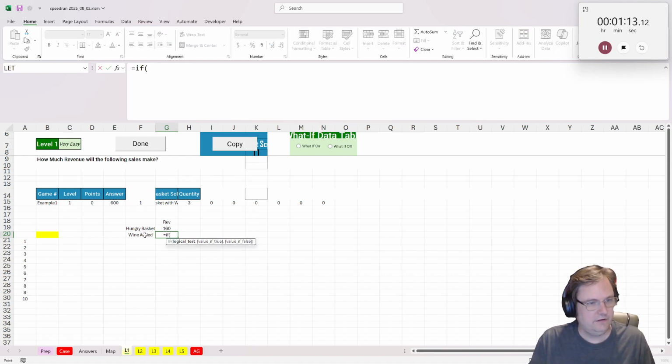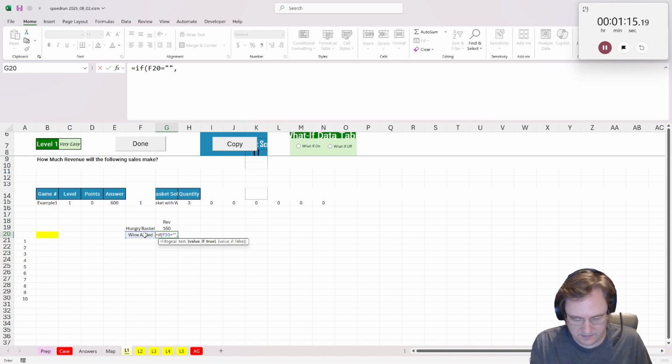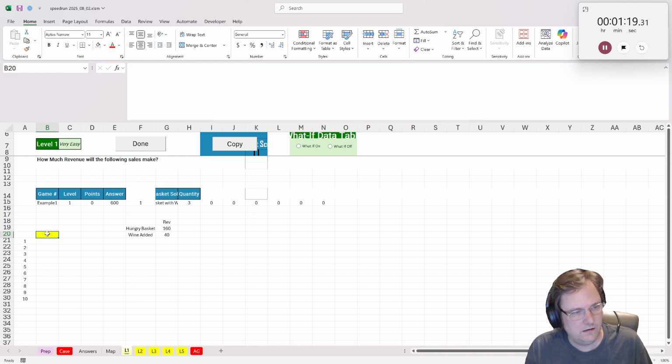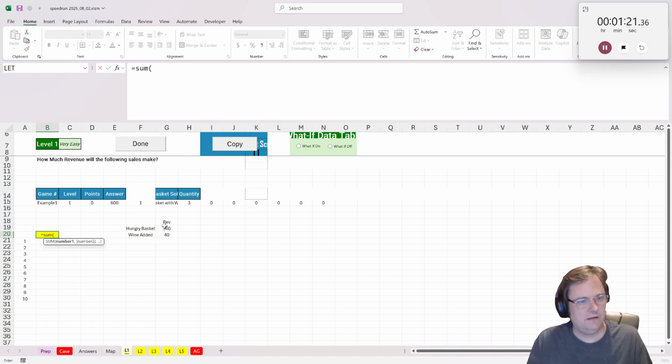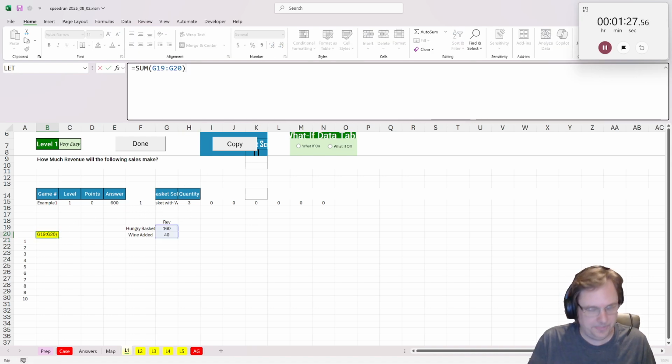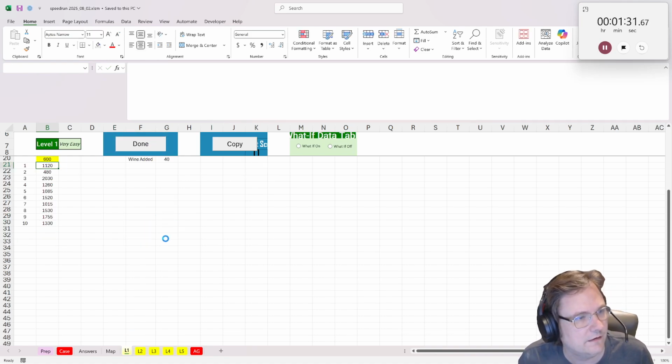So if this is nothing, then $0, otherwise $40. So just add those together. Is the revenue for one, it's quantity of 3, and there's level 1.